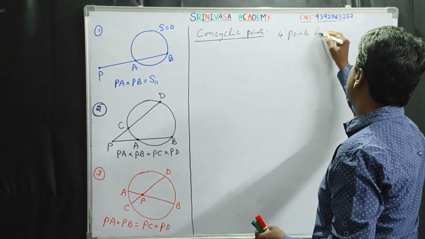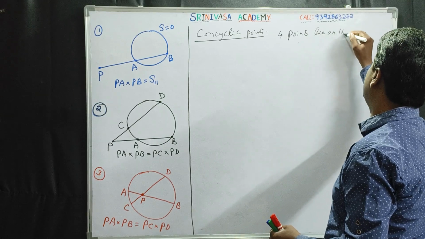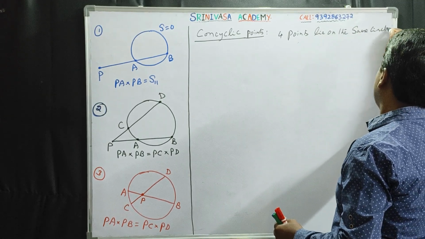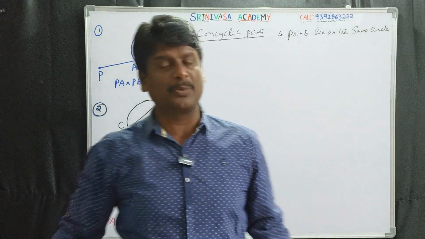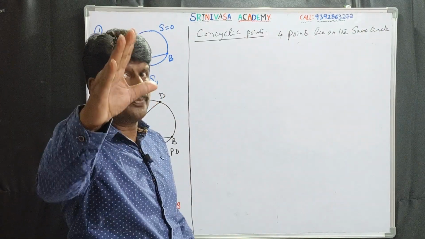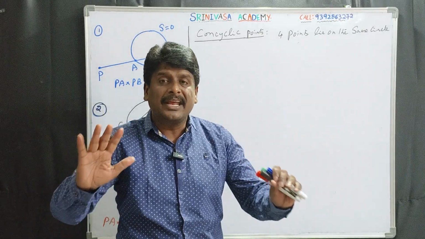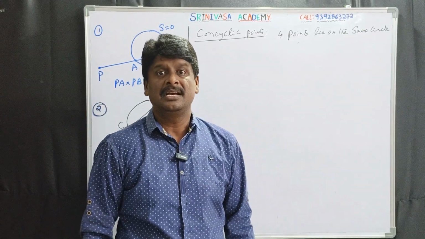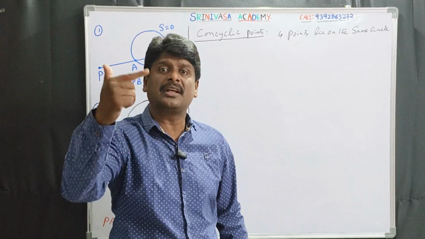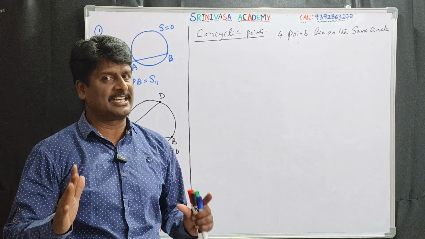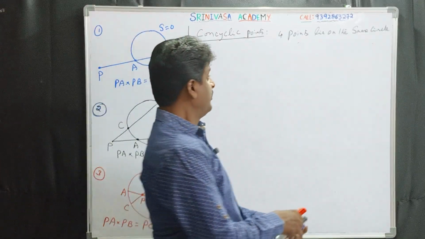Four points lie on the same circle, okay, these are called concyclic points. Not only 4 points, minimum 4 points. Why? Because 3 non-collinear points always lie on the same circle. If there is a 4th point on that circle, then only they are called concyclic points.